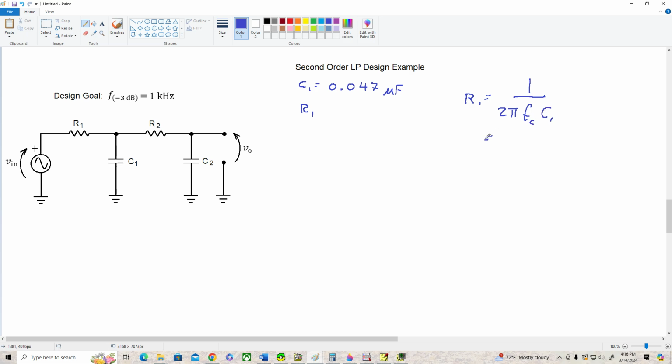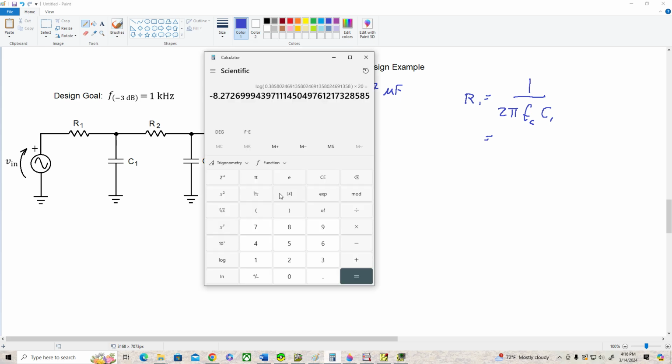All right, let's pull up our calculator and see what resistor we need here. Okay, so 2 times pi times 1,000 times 0.047 times 10 to the negative 6th gives me about 3.4 k ohms.